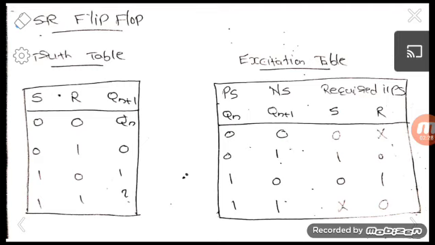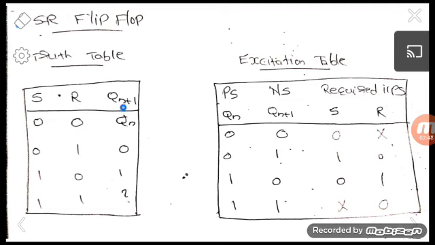That is, the present state is 0 and the next state also should be 0. We want to keep the output of the flip-flop at 0. For that condition, what are the possible inputs we can give for an SR flip-flop?